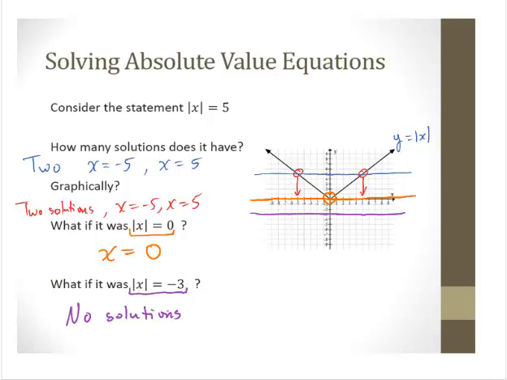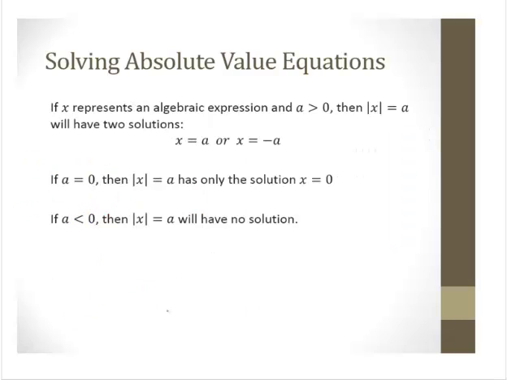And these ideas can be clarified and generalized. In general, if x represents an algebraic expression and a is positive, then the absolute value of x equals a will have two solutions, x equals a or x equals negative a.